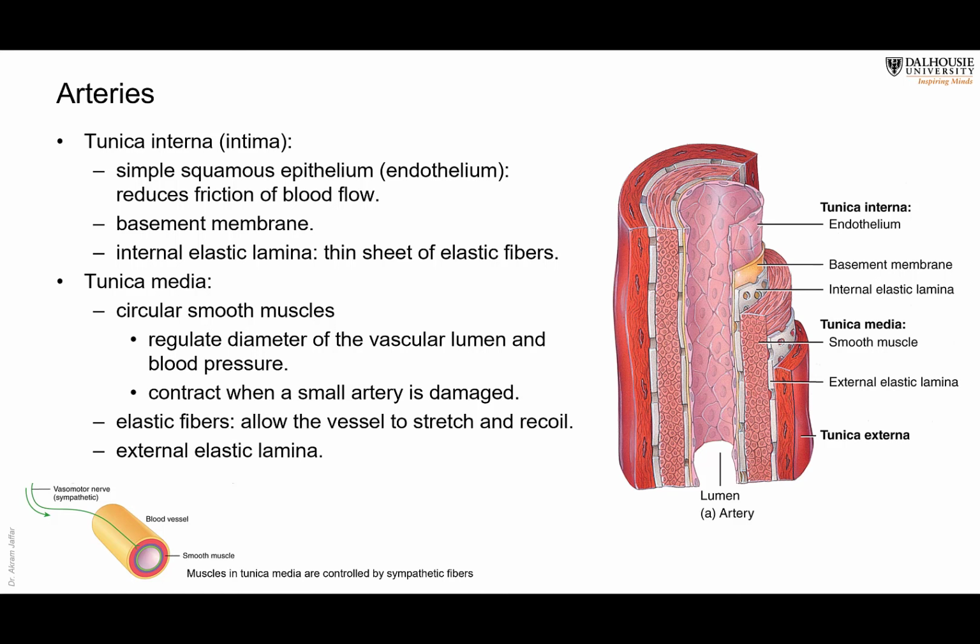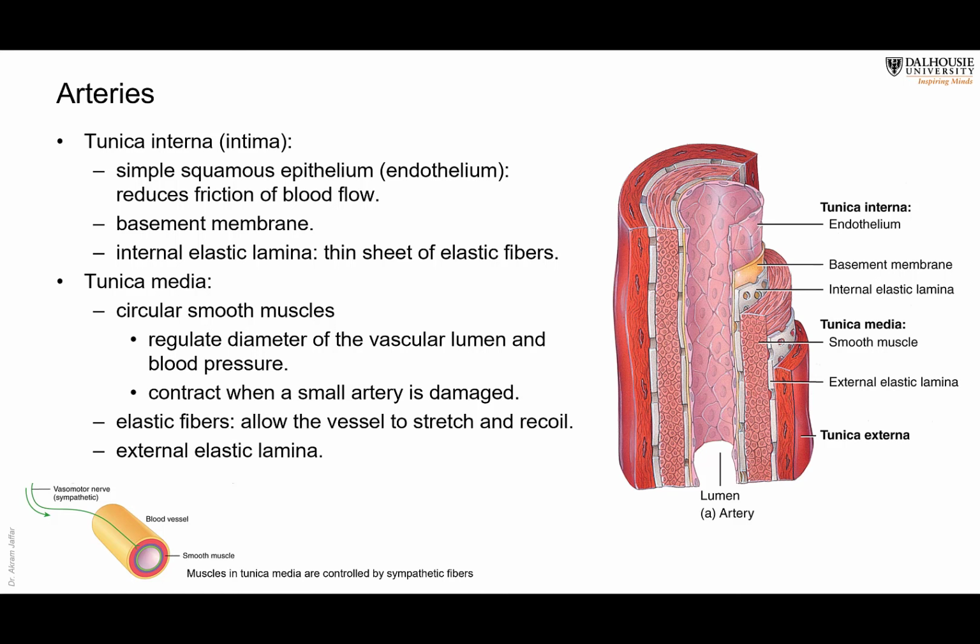So there is a tunica intima, which is essentially formed of simple squamous epithelium lying on connective tissue. Of course, it lies on a basement membrane like any other epithelium, and then it lies on connective tissue. And this connective tissue in the arteries has some elastic fibers which constitute what we call an internal elastic lamina. I will show you this internal elastic lamina in a moment.